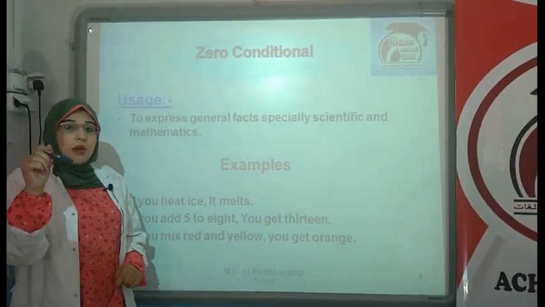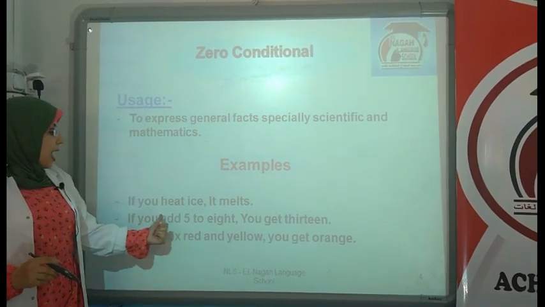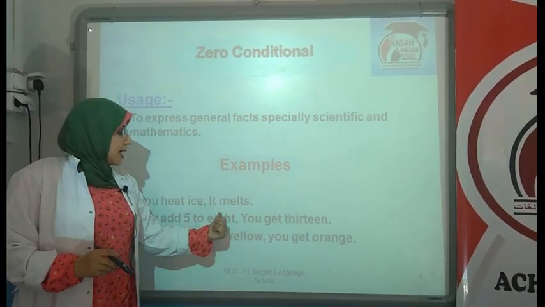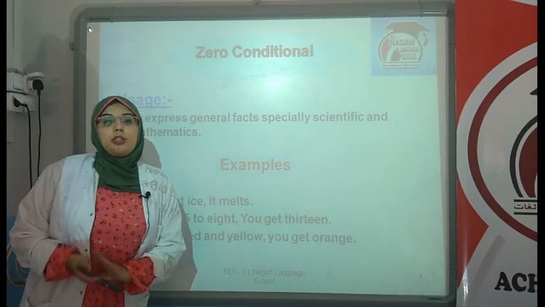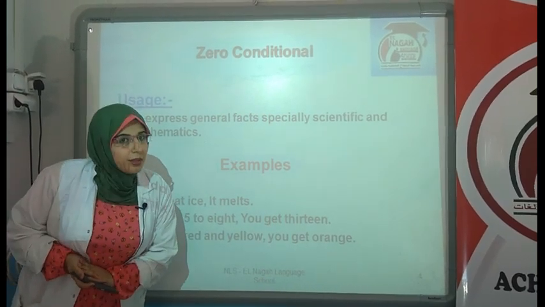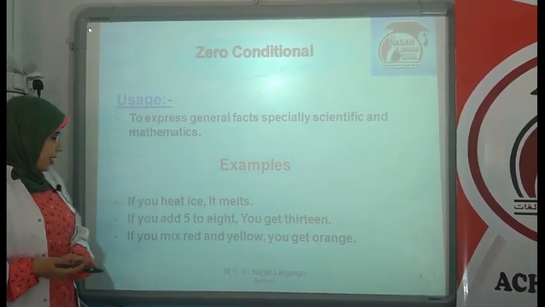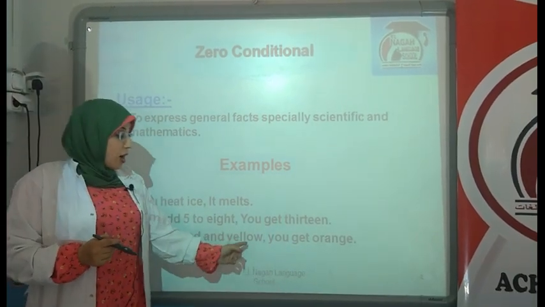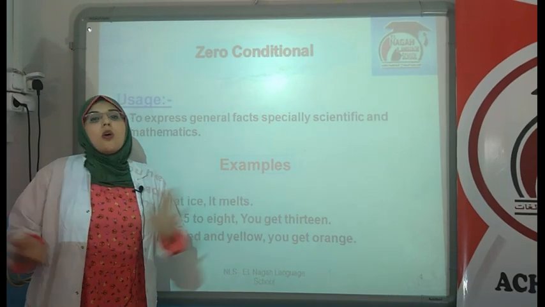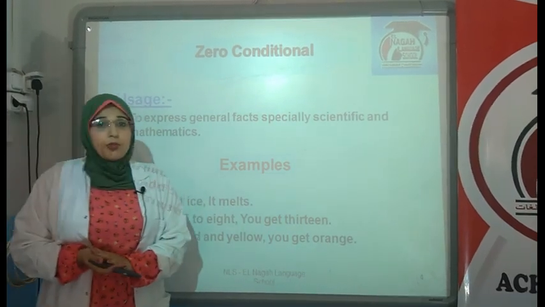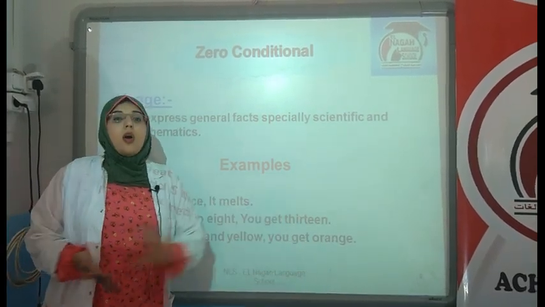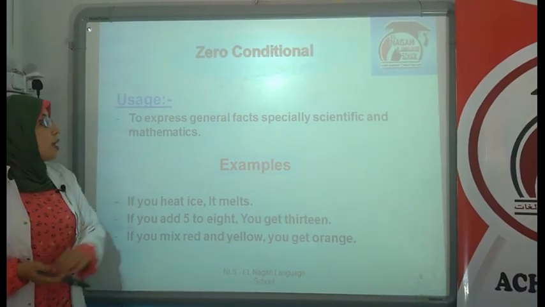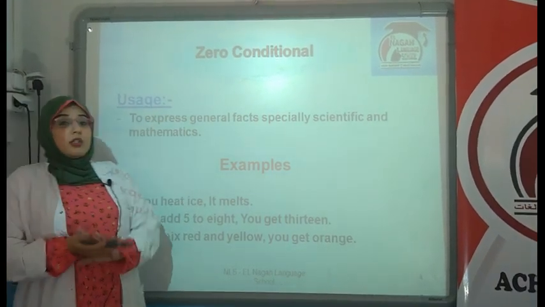Another example: if you add 5 to 8, you get 30. It's a mathematical fact, right? If you mix red and yellow, you get orange. General fact, sure. What happens? You get orange. Okay, this is for the usage.